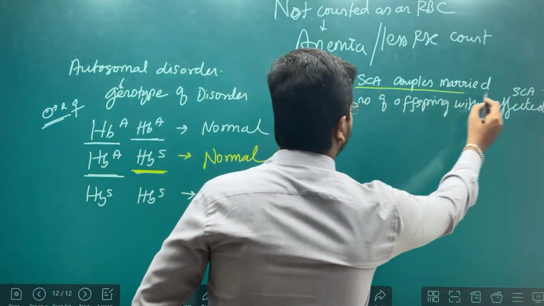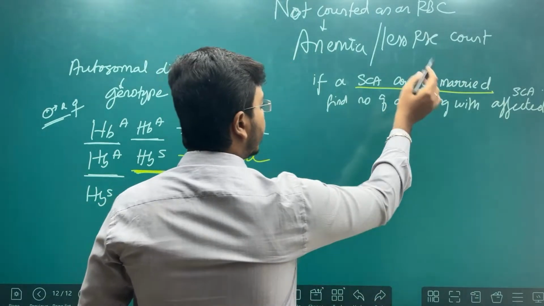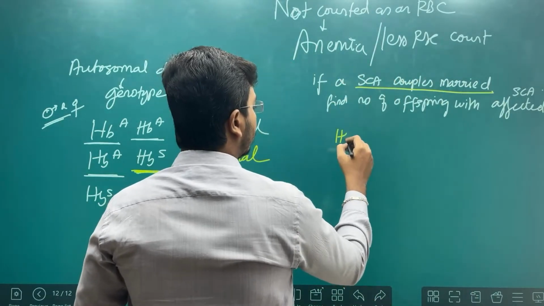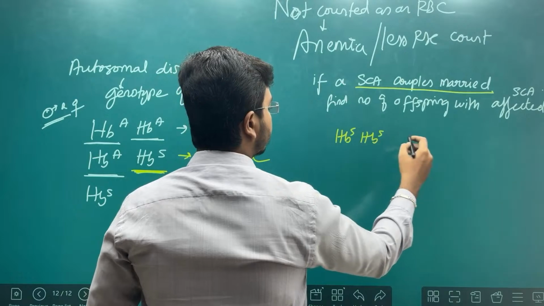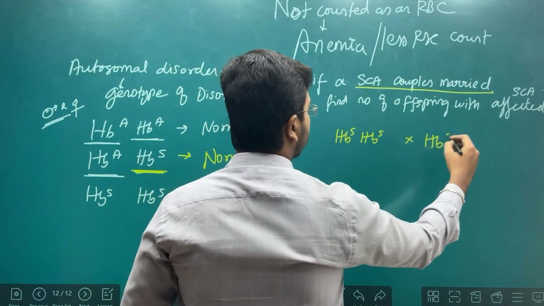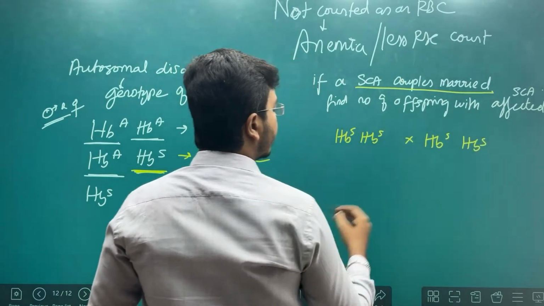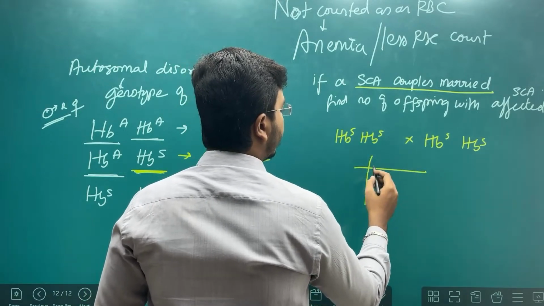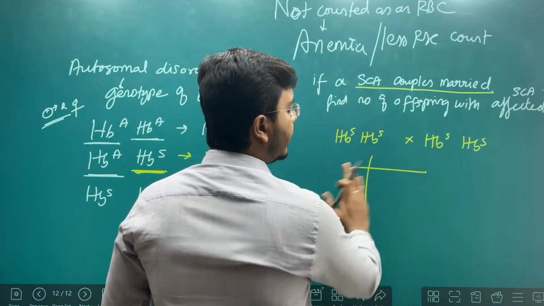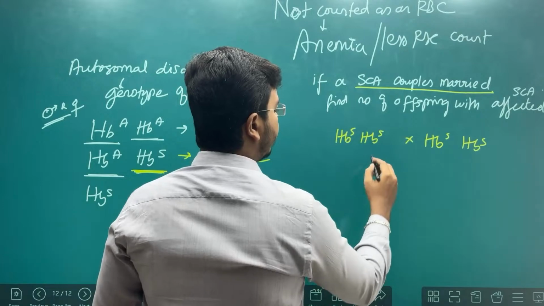Sickle cell anemia couples are married, and if they are affected, what will they be? HbS, HbS. Right? So when these two cross, what do I get? Everyone will get affected. How will you do it?